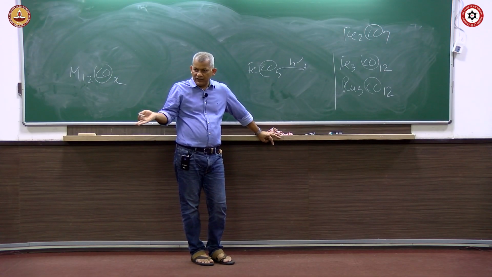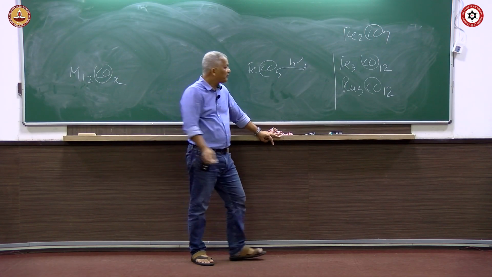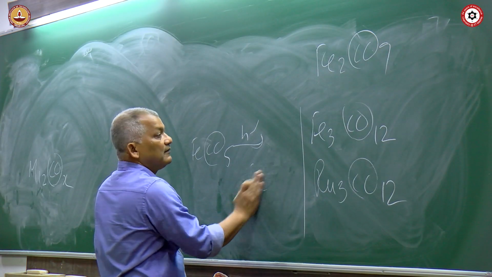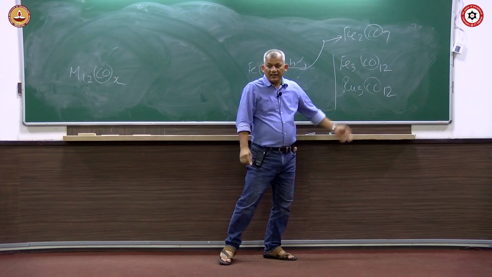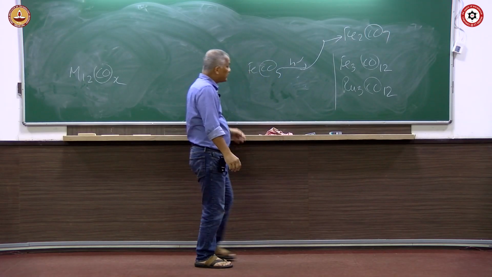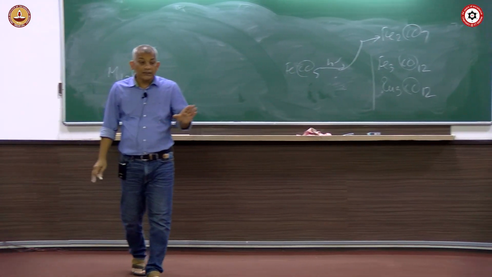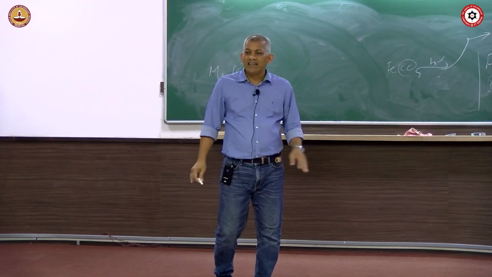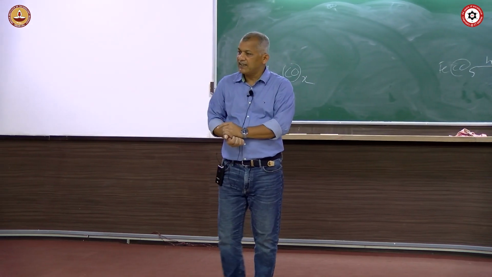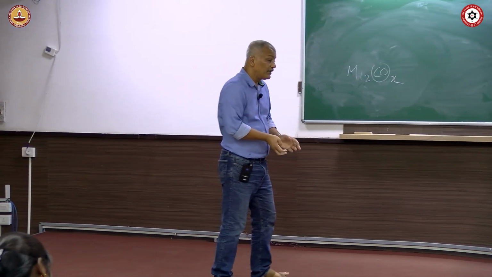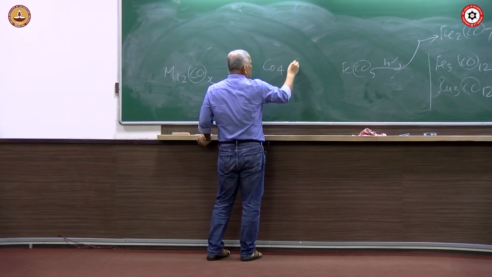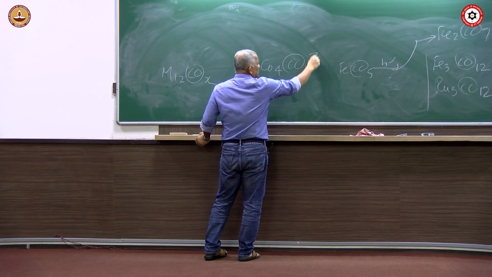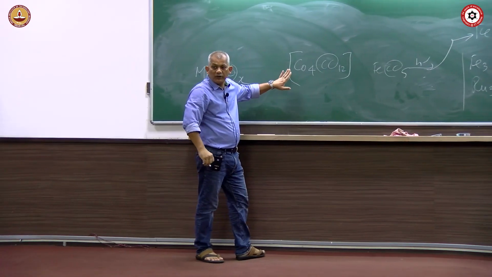You all read about it, no? Then you have a trimetallic, tetrametallic, so on and so forth. Up to trimetallic, you still can follow the 18 electron rule, even also 4. So, you have another molecule, cobalt 4 CO12, you heard about it?